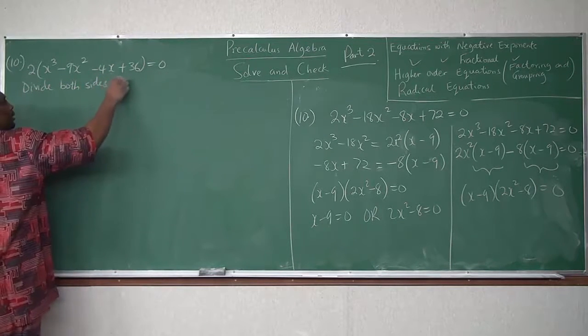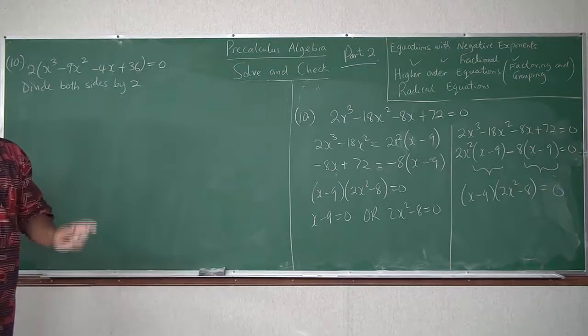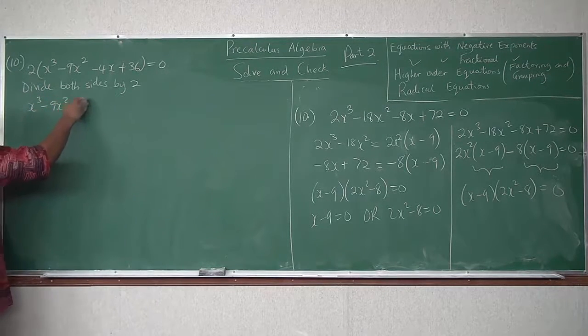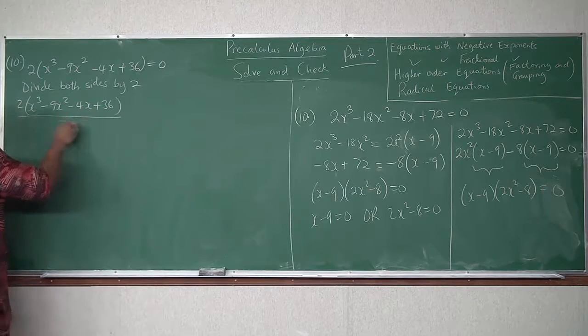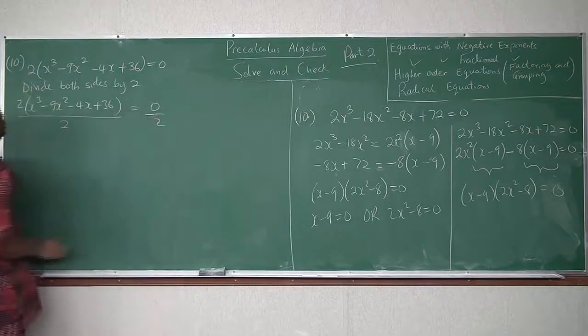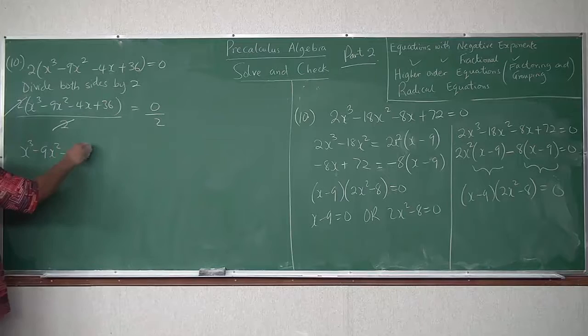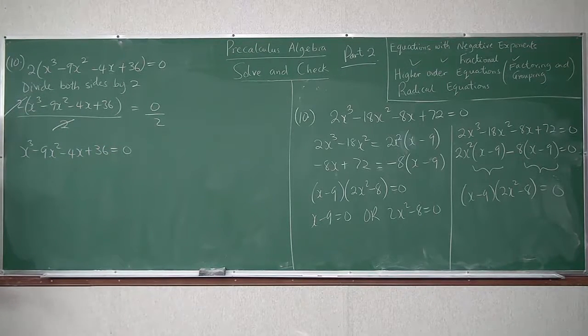Anytime you can factor by GCF, do that first. So this will be x cubed minus 9x squared minus 4x plus 36. If I have to show all my work, 0 over 2, bam, that is gone. So I have x cubed minus 9x squared minus 4x plus 36 equal to 0.